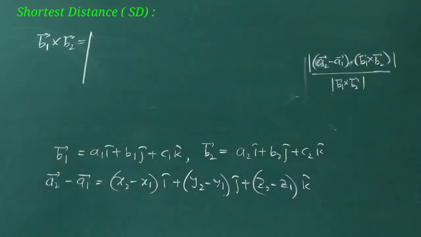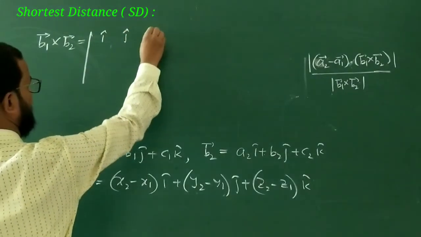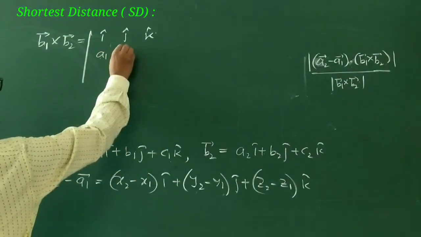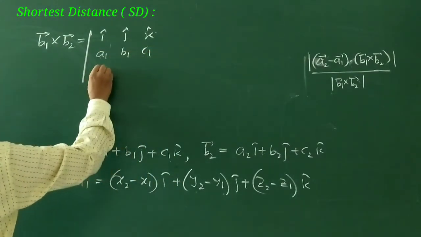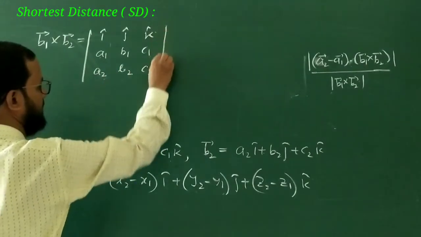It is the determinant: first row is i cap, j cap and k cap, second row is the components of the first vector a1, b1, c1, and third row is the components of the second vector a2, b2, c2.